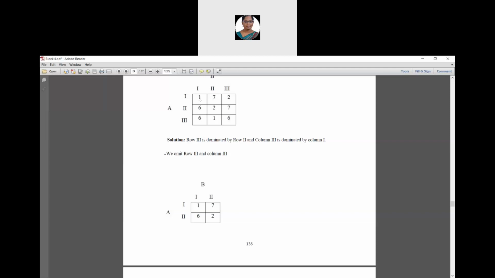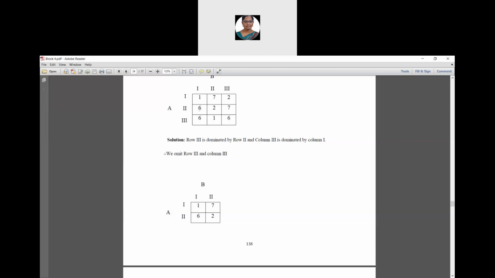The first elements are 1 and 7. 7 is the largest element, and it is in the second column. The second elements are 6 and 2. Here 6 is the largest element, and it is in the first column. So here the rule fails.